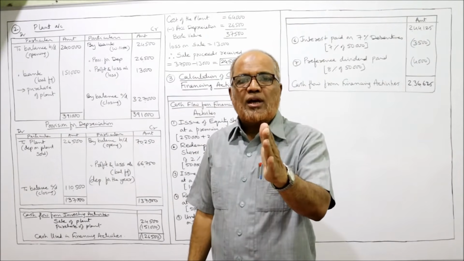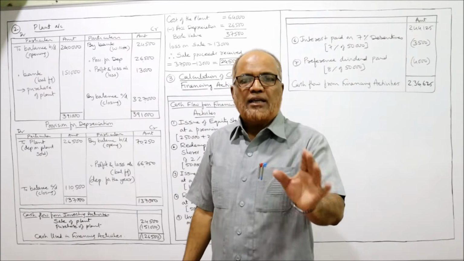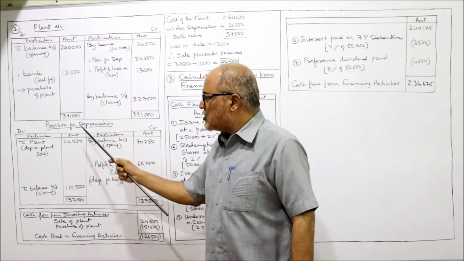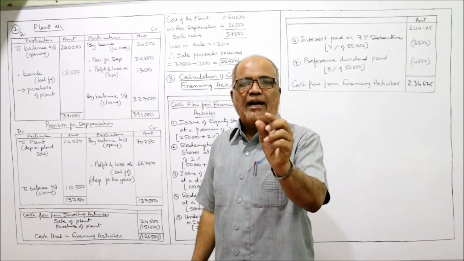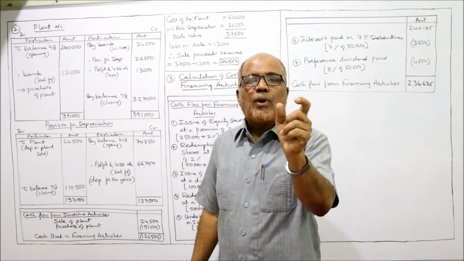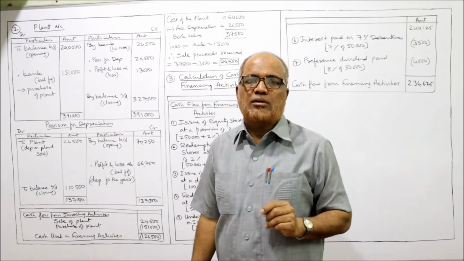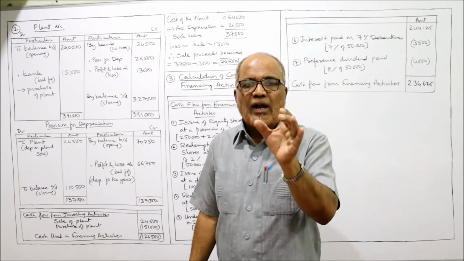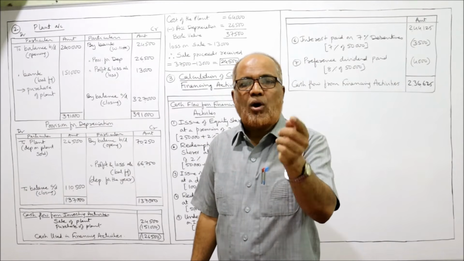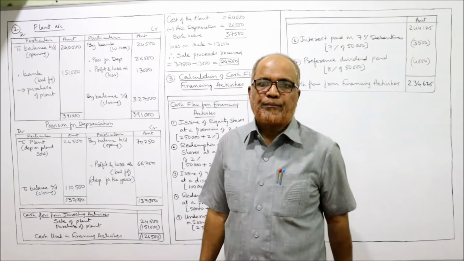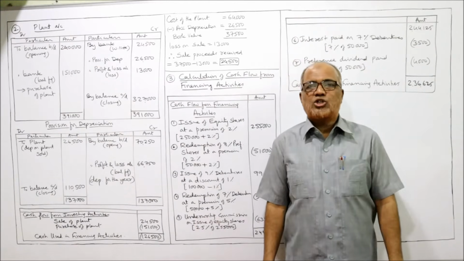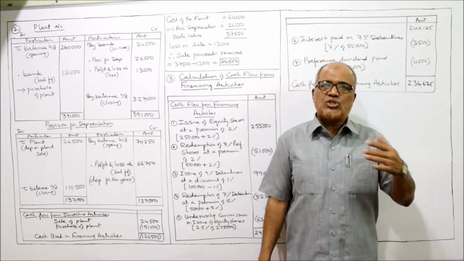Second entry, accumulated depreciation account debit to plant account. Here the name is not accumulated depreciation, it is provision for depreciation. So the entry is provision for depreciation account debit to plant account. This is the entry for accumulated depreciation on that plant which is sold.